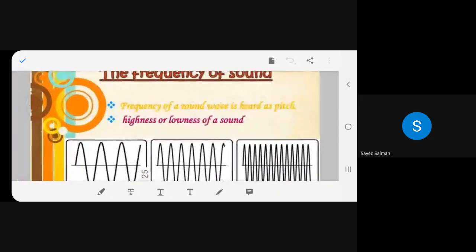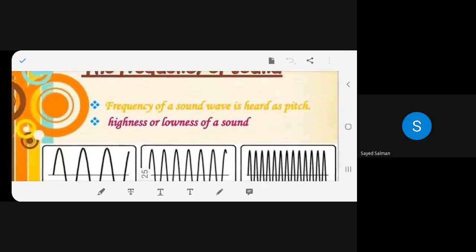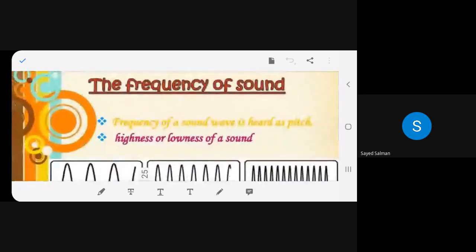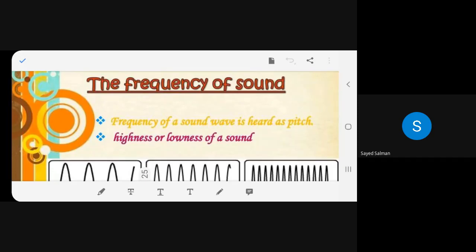Now the frequency of sound, how do we understand what exactly the frequency of sound is? It is pitch. If it's so loud that you have to close your ears, that is high pitch. You understand? Whisper. If someone is whispering in your ears, it is low pitch.